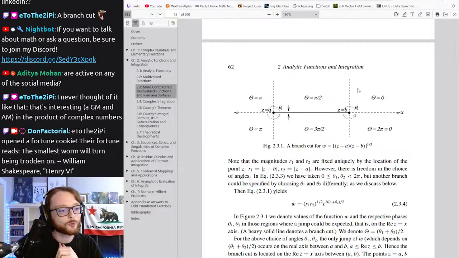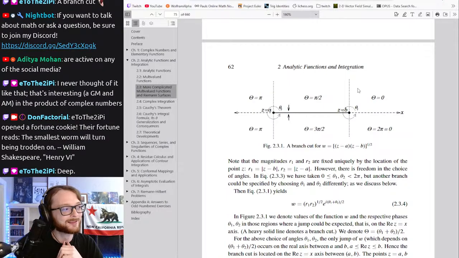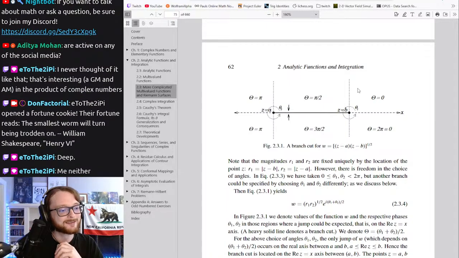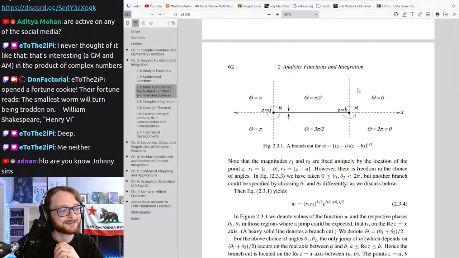The smallest worm will turn being trodden on. I don't know what that means. Most of the fortunes that thing has given me so far have been pretty crappy, but it's kind of fun to laugh at them. The smallest worm will turn being trodden on.